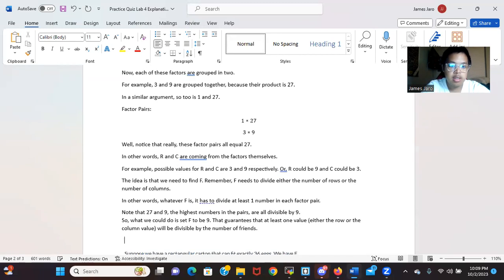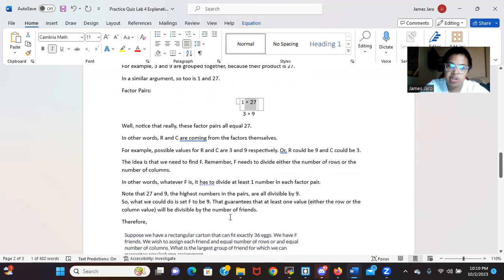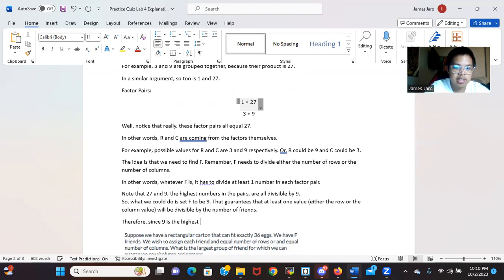And so since 9 is really the highest we can go, because past 9, for example 27, doesn't divide any one of these numbers, we can't pick 27 for that. So since 9 is the highest value we can find, it is the value we are looking for.